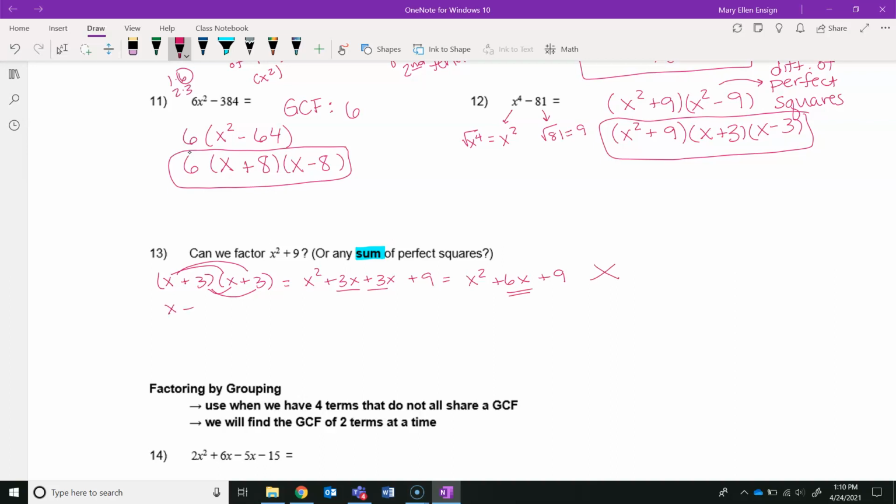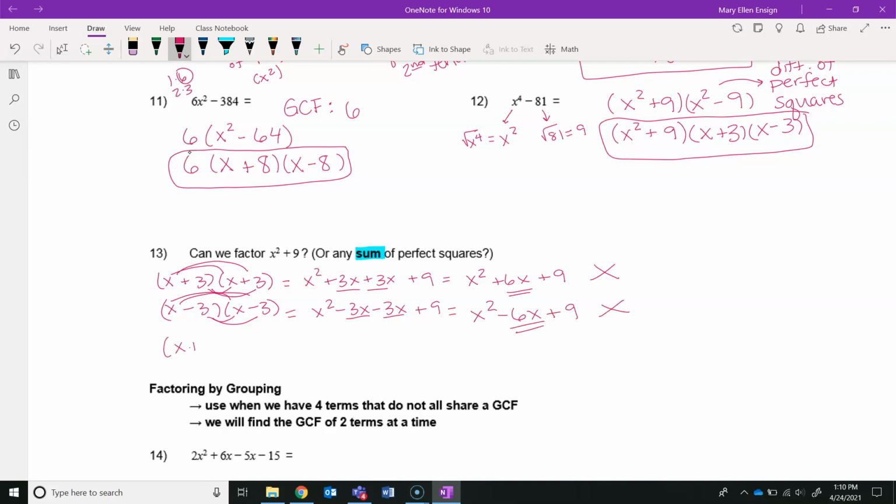What if I try x minus 3 times x minus 3? Well, then I get my x squared. I get minus 3x, and then a plus 9 at the end. So again, I got my x squared and my plus 9, but these add up again. So I get x squared minus 6x plus 9.